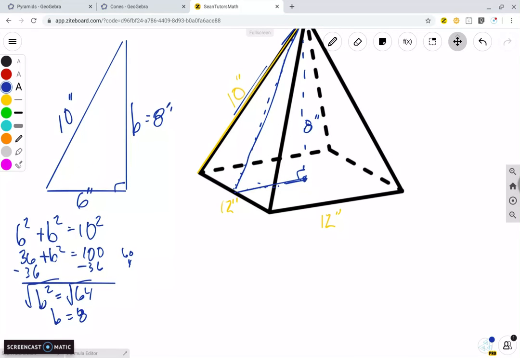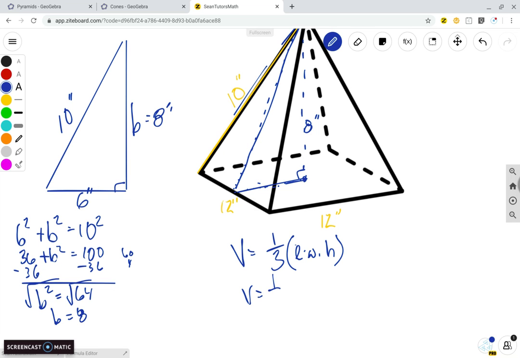So from there, we can now calculate the volume of this pyramid. So the volume is just 1/3 of the prism it sits inside of. And the volume of a prism is the area of the base. So in this case, we're a square, which is a special type of rectangle, but that'd just be length times width, and then times the height for the prism. And then we're just 1/3 of that.